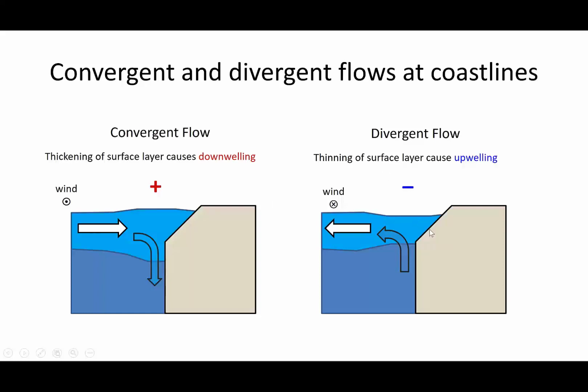And the corollary, when we have divergent flow away from the coast, we have thinning of the surface layer and we have upwelling of water from deeper into effectively the space that's formed. We end up with a low point in the height of the surface ocean.